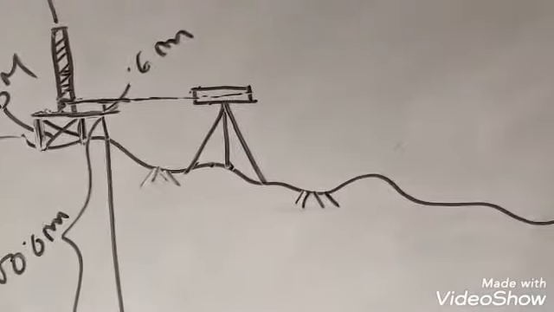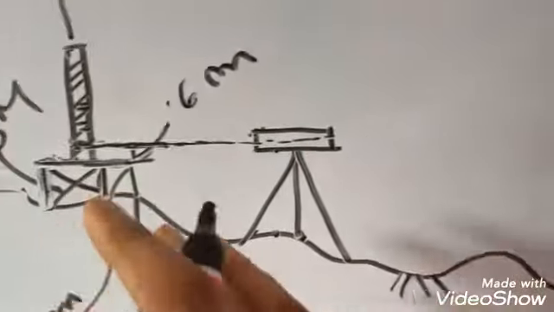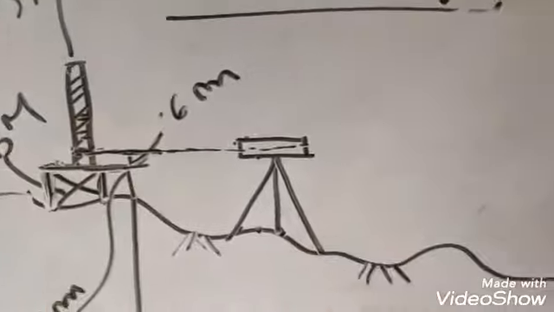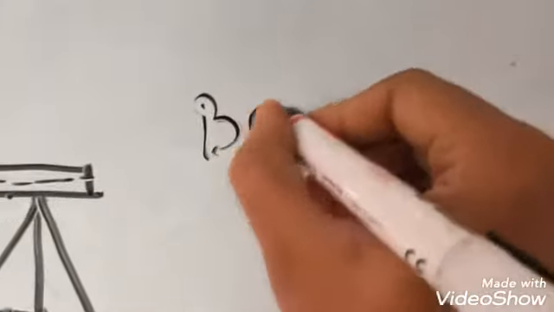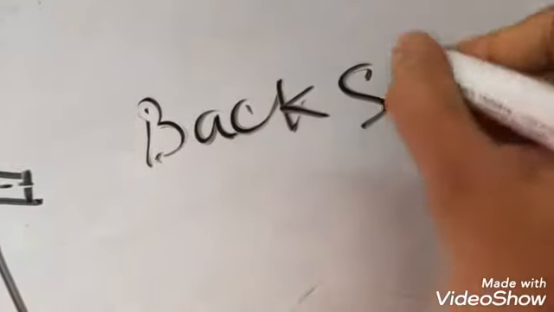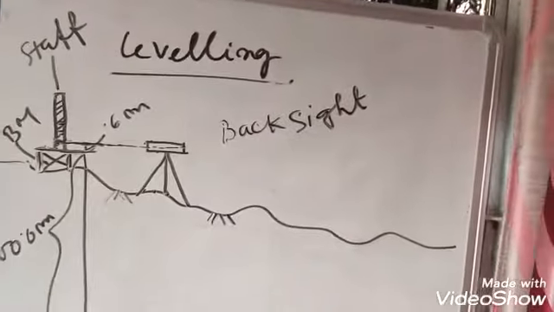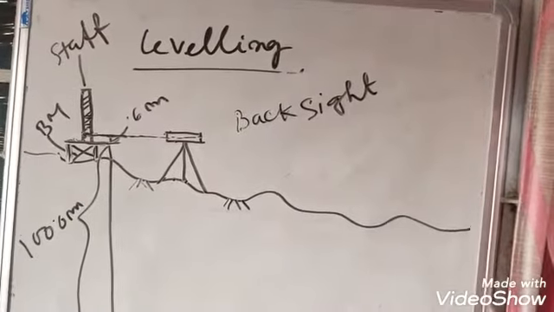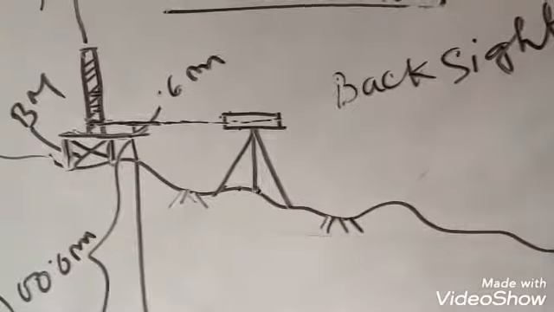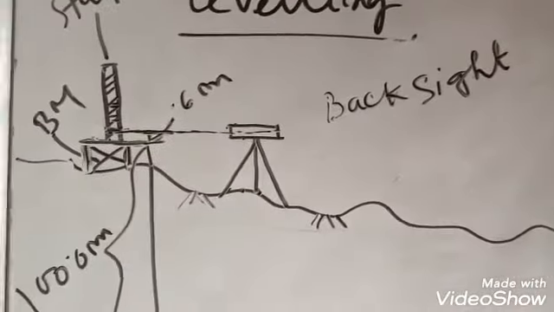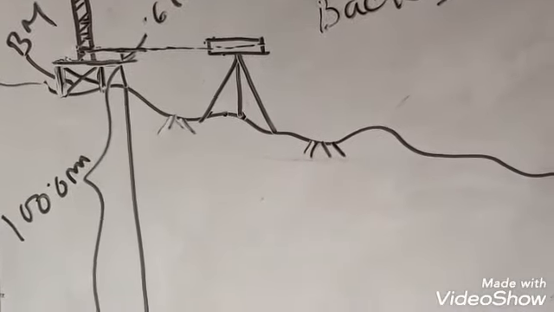That very first reading, which is taken on the benchmark, is called backside. Now with respect to this backside reading, we need to find out the height of instrument. What is the height of instrument?